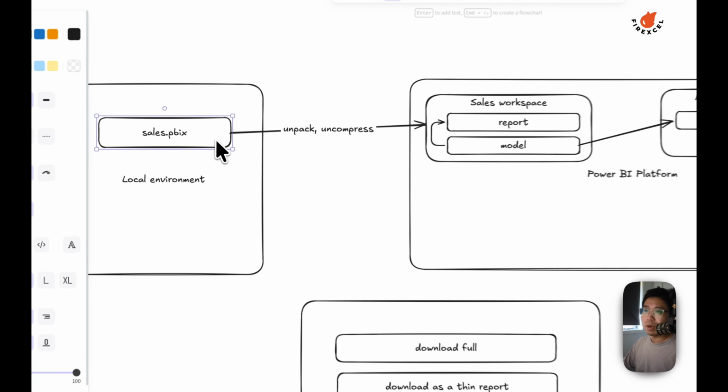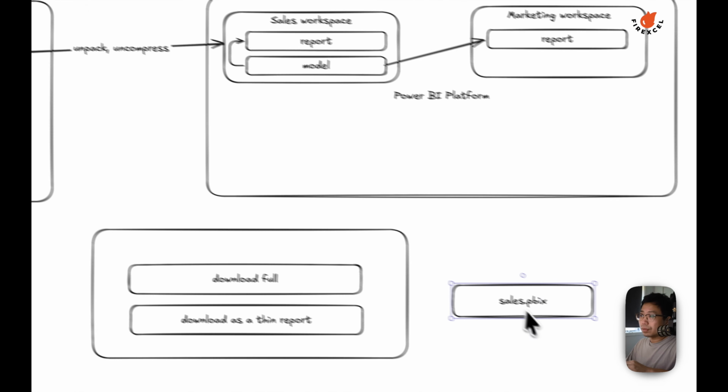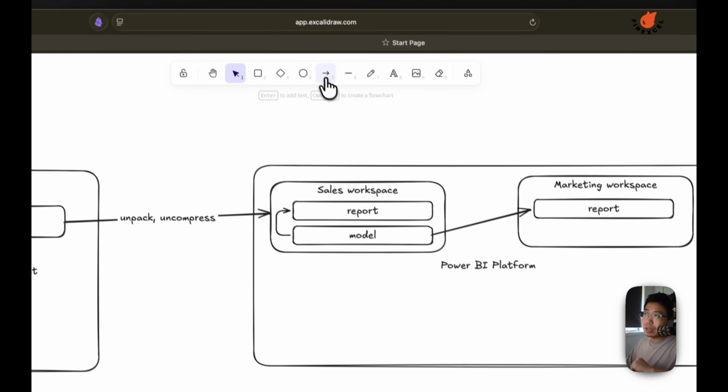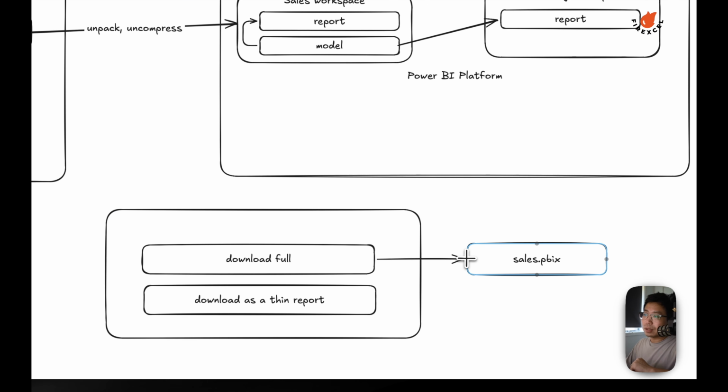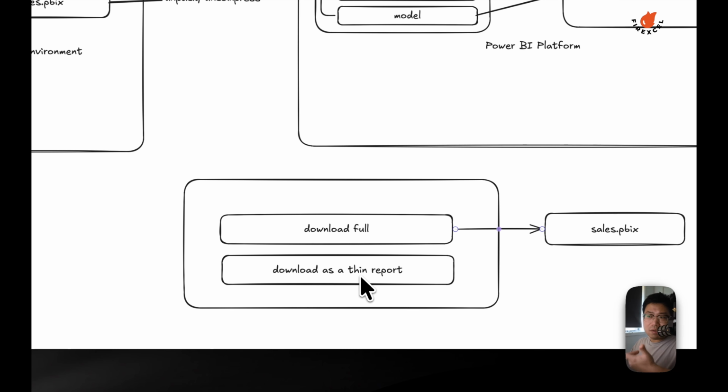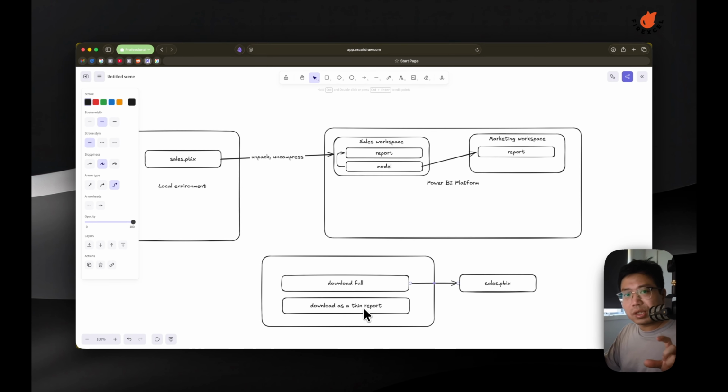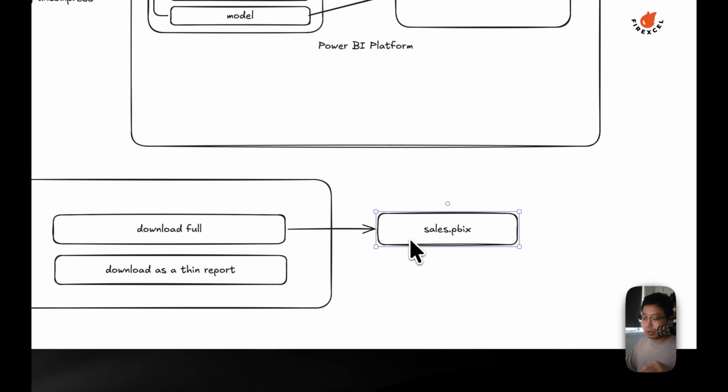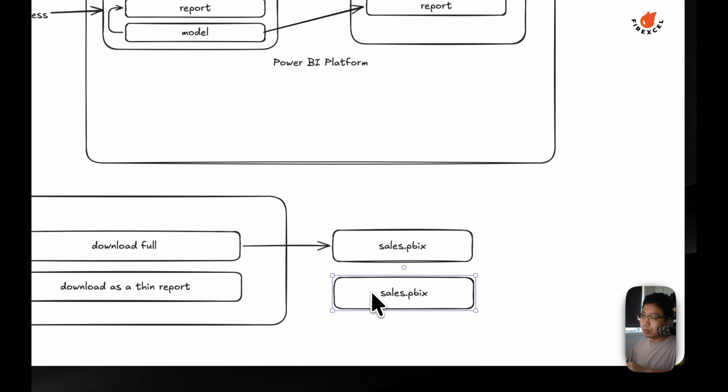For example, this one. If you download that way, that's what you're going to get. Another option is download thin report. That option normally says you want to download a report with a live connection to the data model that is published in the Power BI workspace. So for the thin report, you will still get the same kind of file.